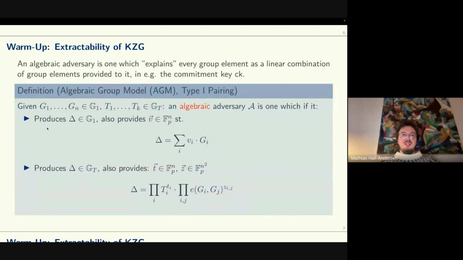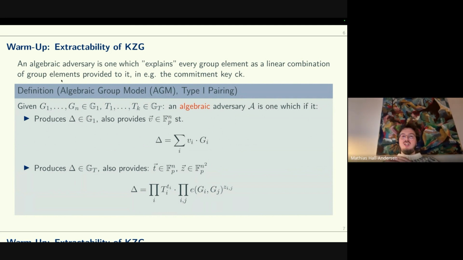But what I'm going to do is consider a special class of adversaries, namely what we call algebraic adversaries, which are adversaries that whenever they give me a group element, so the adversary runs for some time and gives me a group element, then that group element can be described as a linear combination of group elements previously provided to him.